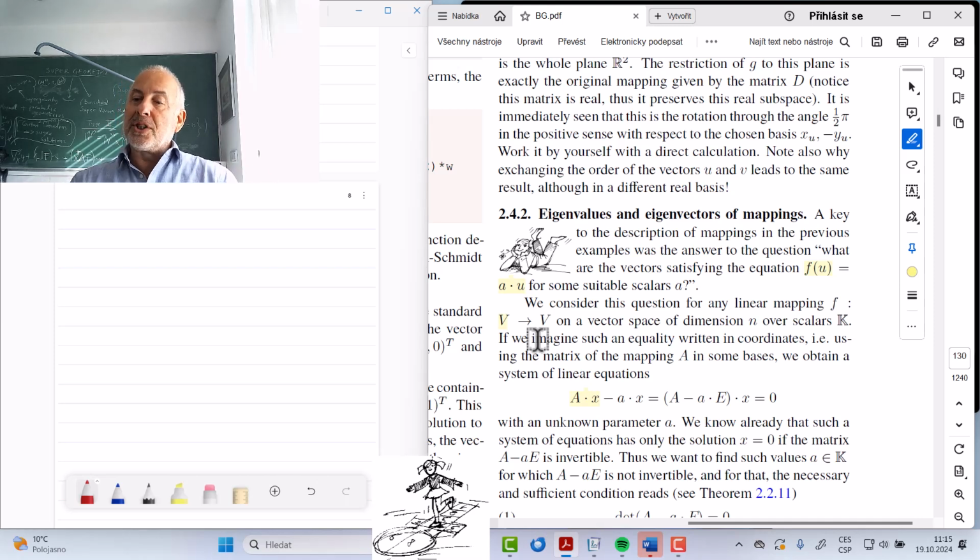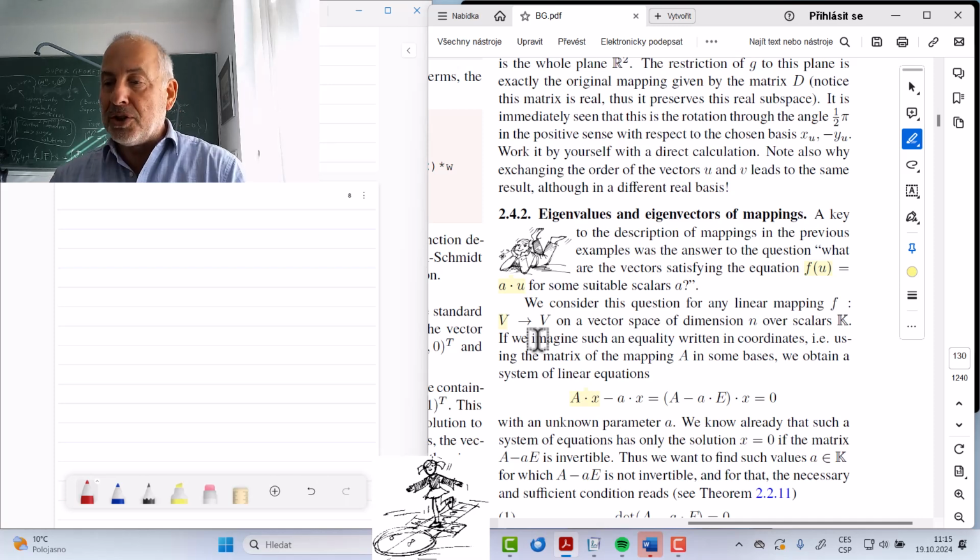So translated into today's language of the maps, it means that for each linear mapping I can find bases at the beginning and bases at the end, such that the matrix of that mapping in those bases will be just this sort of close to unit matrix, and the number of ones on the diagonal is equal to the dimension of the image of the mapping. That's it, right? So that's easy.